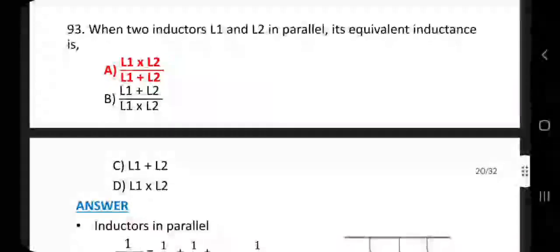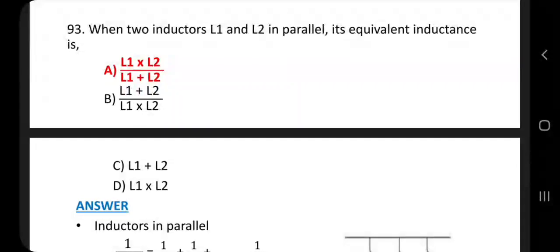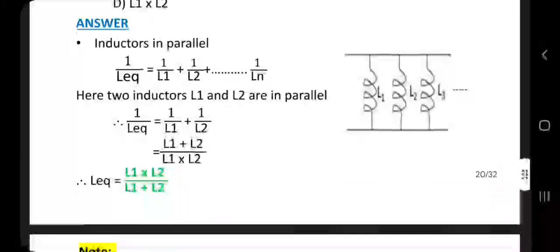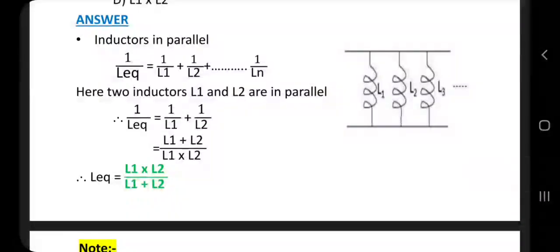93. When two inductors L1 and L2 are in parallel, its equivalent inductance is, answer is option A, L1 into L2 divided by L1 plus L2. Inductors in parallel follow the same rule as resistors in parallel for equivalent value. For inductors L1, L2, L3 up to Ln, 1 by L equivalent equal to 1 by L1 plus 1 by L2 up to 1 by Ln.